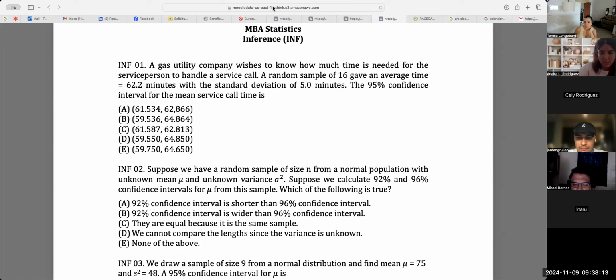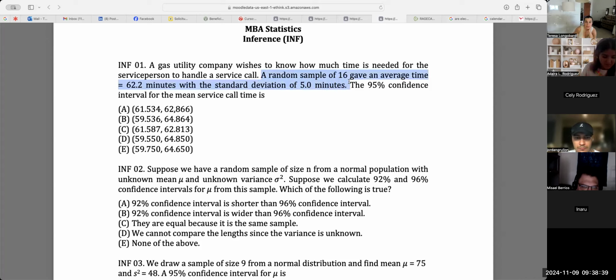Do they give me the population standard deviation? The answer is no. They don't give me the population standard deviation. What did they give me?